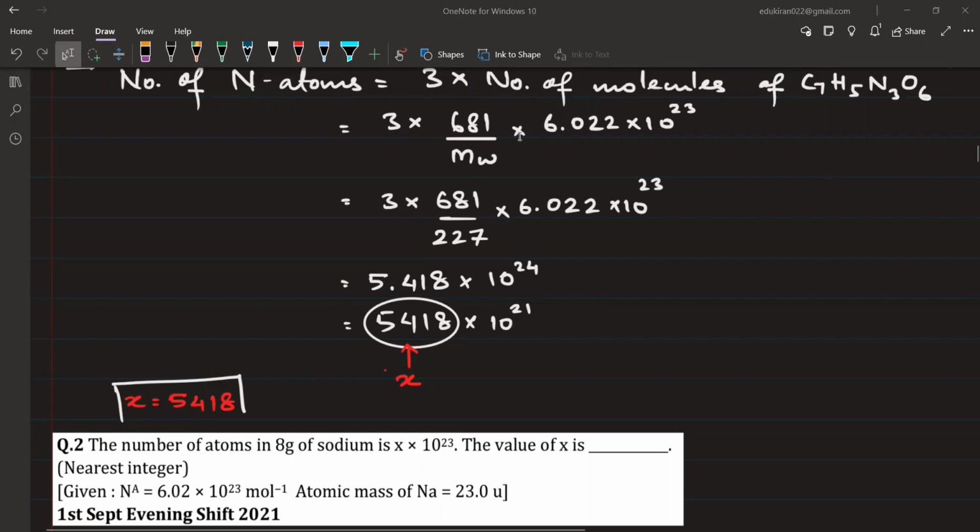Yes, Priya, very good, correct. Correct, Edukiran. Write the nearest integer; you are writing it in decimal. Yes, Krishna, very good, correct.